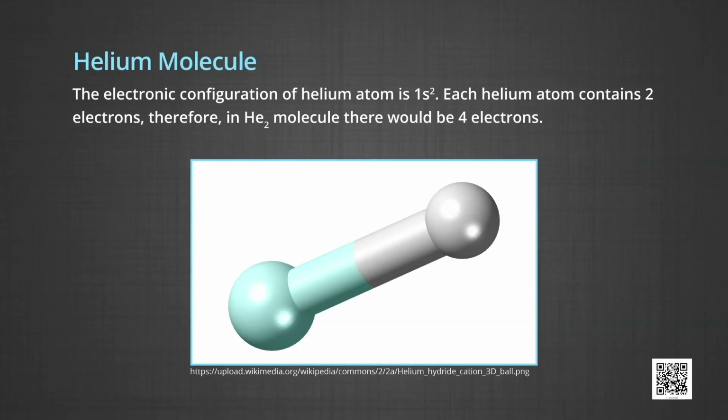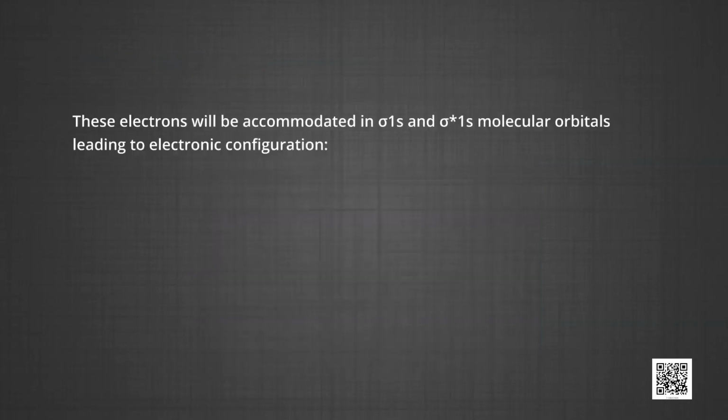The electronic configuration of the helium atom is 1s2. Each helium atom contains 2 electrons. Therefore, in the He2 molecule, there would be 4 electrons. These electrons will be accommodated in sigma 1s and sigma antibonding 1s molecular orbitals, leading to the electronic configuration sigma 1s2, sigma antibonding 1s2.